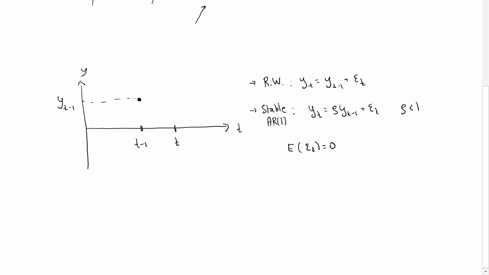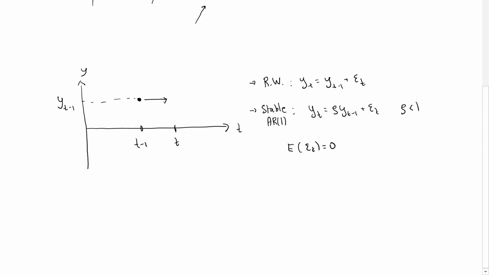If you look at the random walk model, it says that y in period t is equal to whatever value it was in t minus 1 plus a random error term which has an expected value of 0. So the expected value of yt with the random walk is the same as the value in t minus 1.